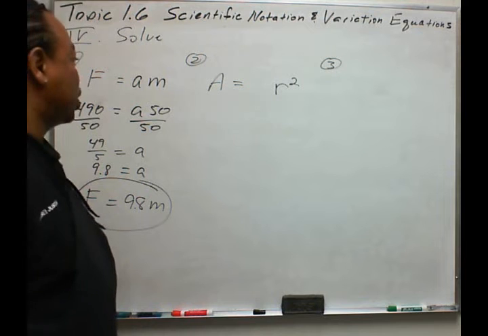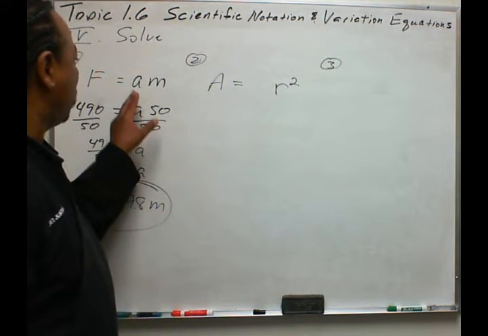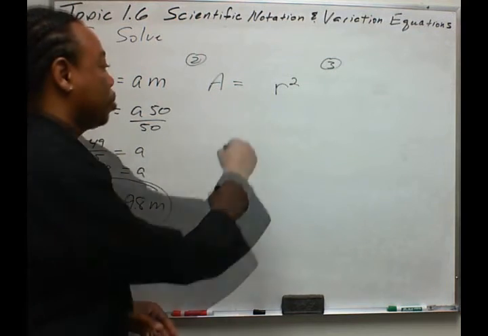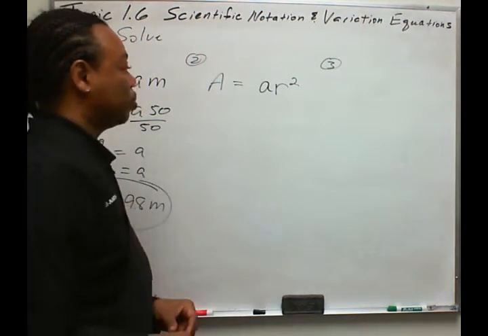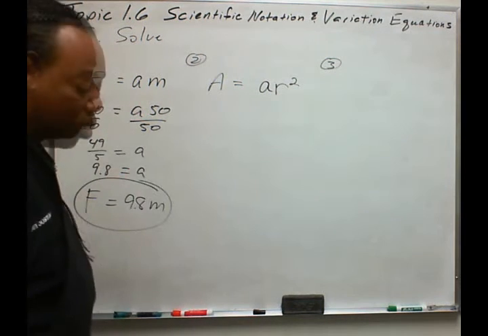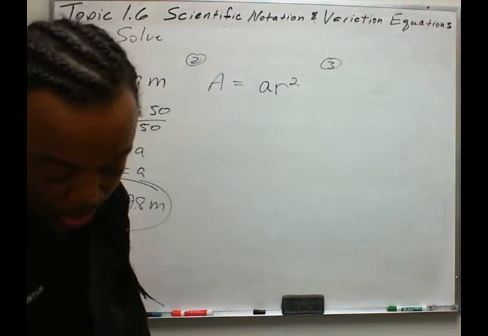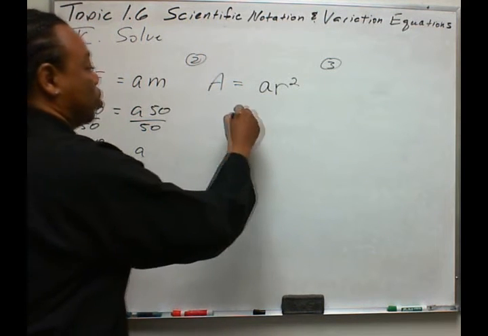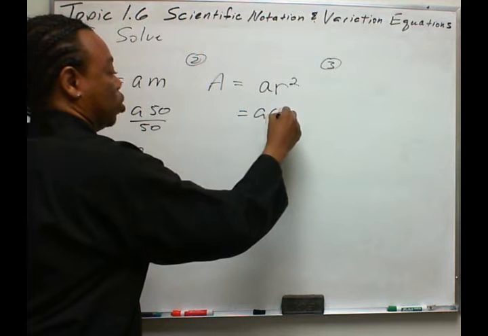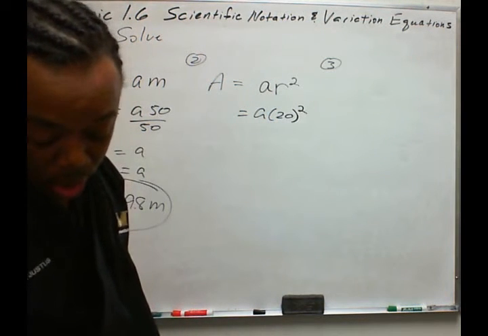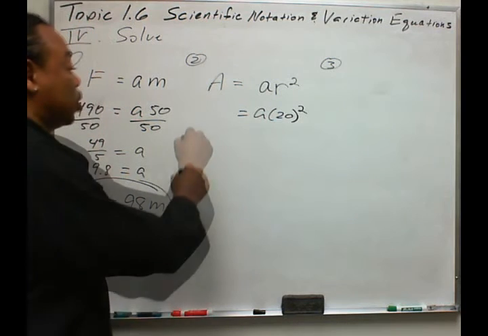For the constant, I would use A, but I don't want to confuse it with this A, so we'll use a lowercase a. So there's my constant, and it varies directly with the radius squared. Now, we're told that a circle with a radius of 20 centimeters will give us an area of 1,256.